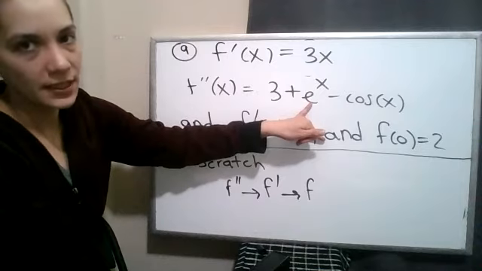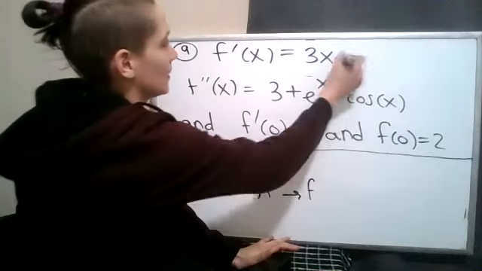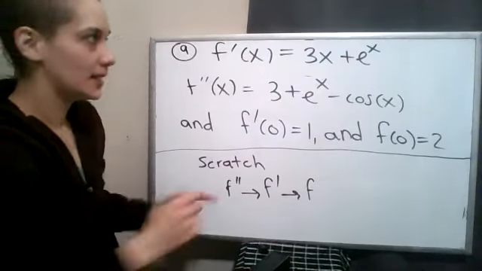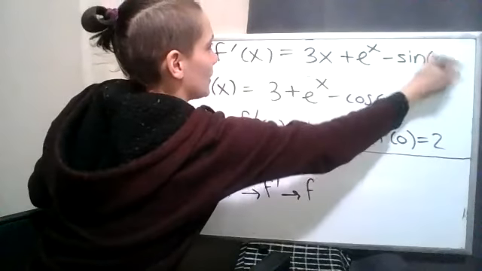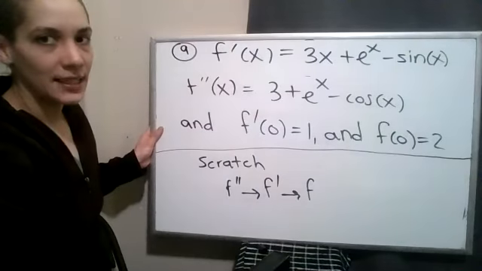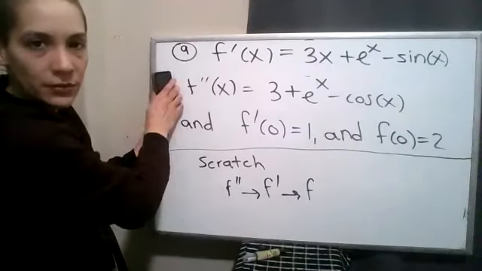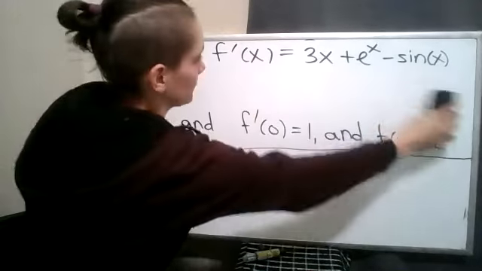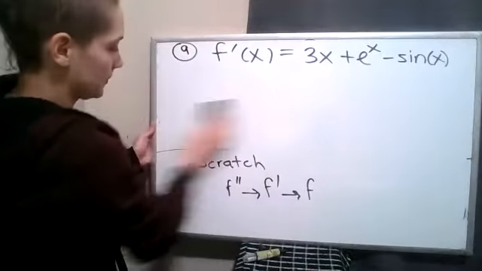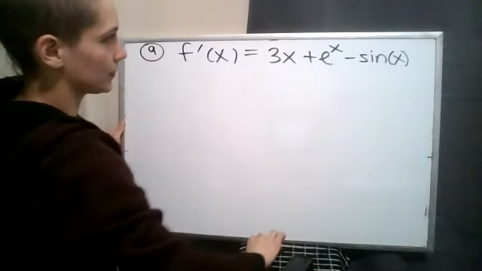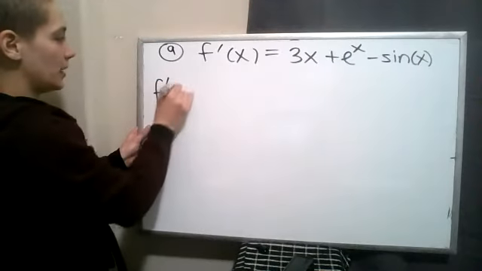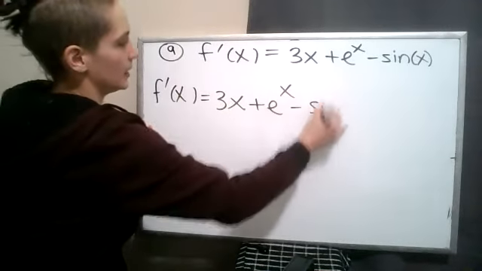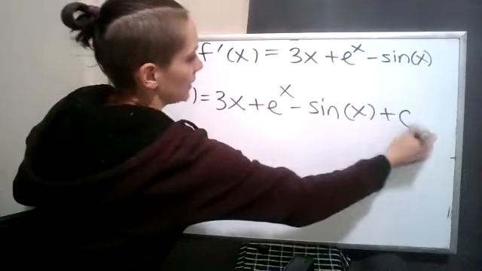The antiderivative of e to the x is e to the x. The antiderivative of cosine is sine. And then add c. But we're going to do an antiderivative twice, so this will be the first constant, called c1. So f prime of x is 3x plus e to the x minus sine x plus c sub 1.